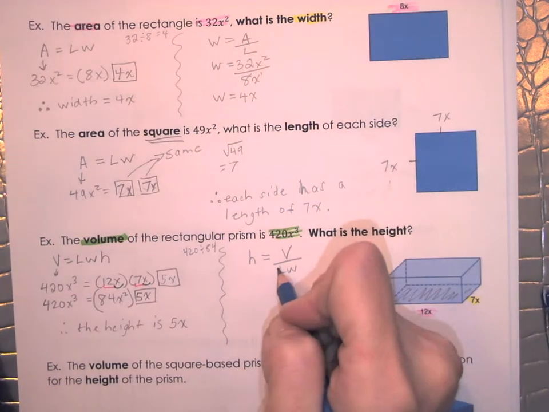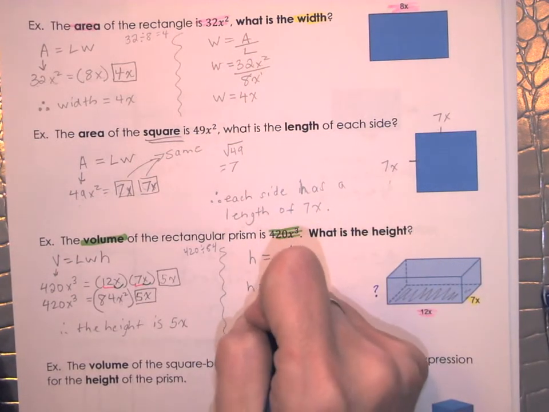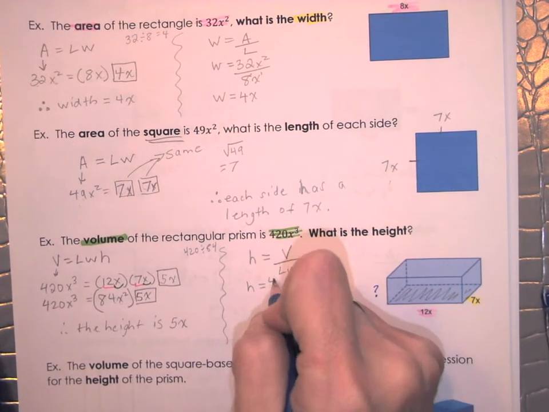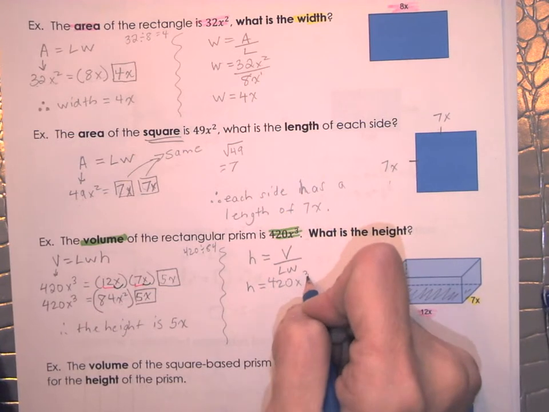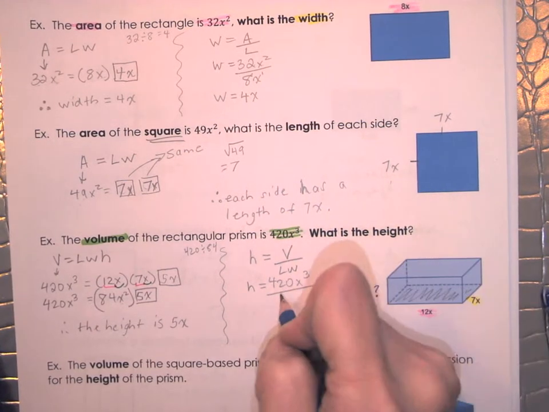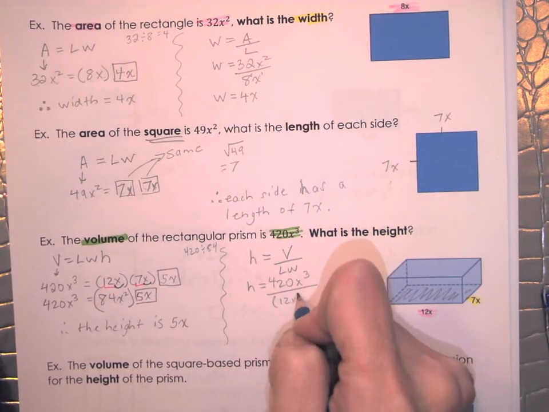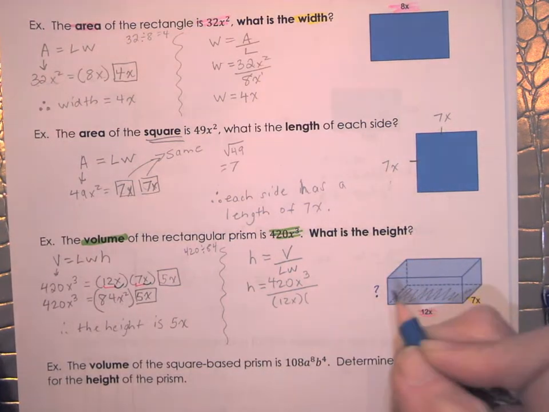Okay, and remember there's the invisible brackets here, so we would substitute in volume as 420x cubed, and length as 12x, and width as 7x.